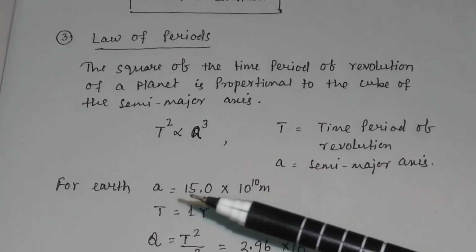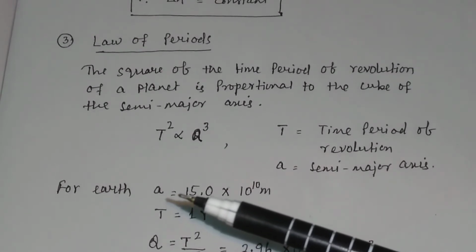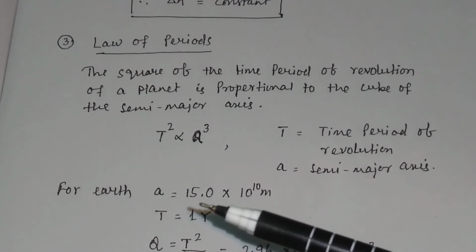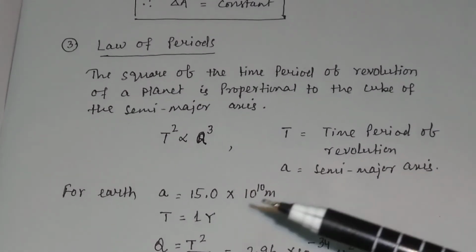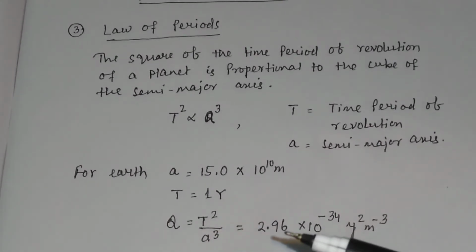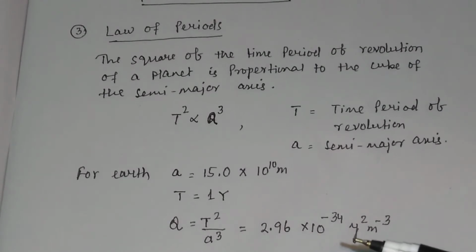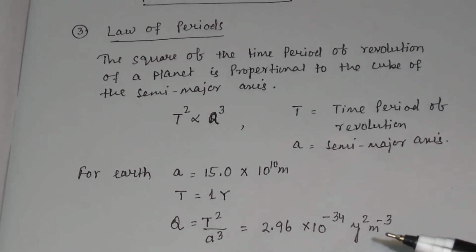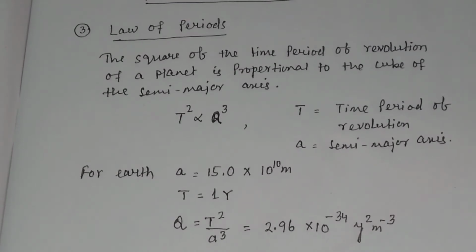And if you take Earth as the planet, then A, the length of the semi-major axis, is equal to 1.5 times 10 to the 11 meter, and the time period of revolution is 1 year. So Q will be equal to T square divided by A cube, that is equal to 2.96 times 10 to the minus 34 year square meter to the power minus 3.